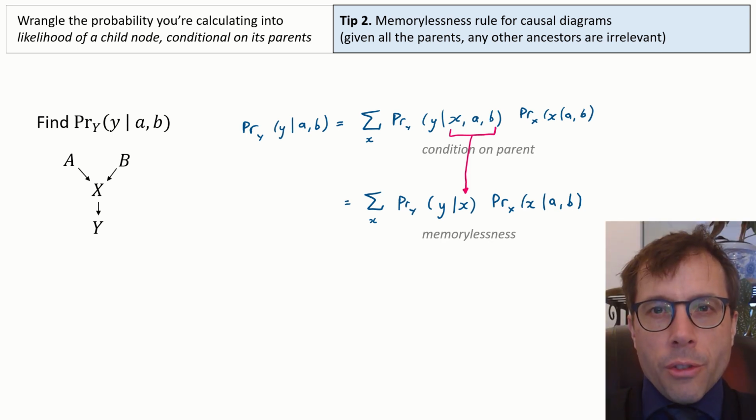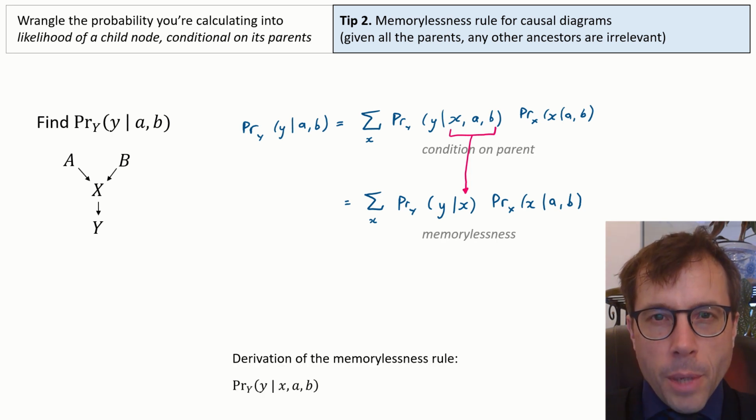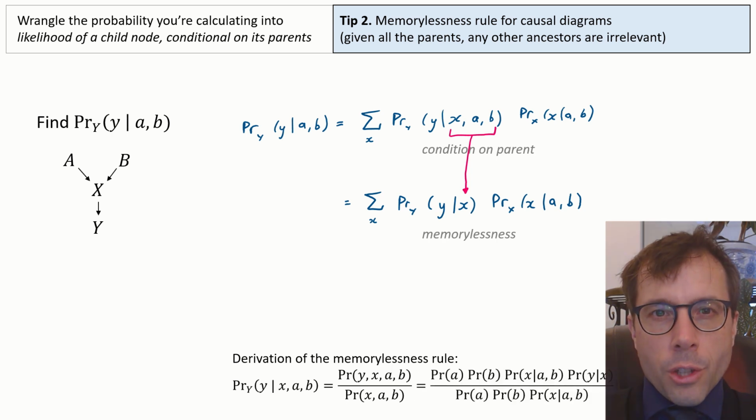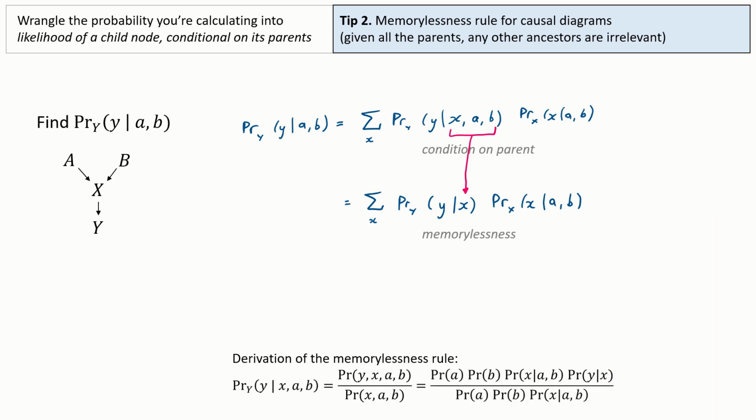You should be able to just look at a causal diagram and read off the places where you can apply memorylessness. But I don't want it to seem like magic, so here's a very quick derivation. What's the likelihood of y conditional on x and A and B? Let's just expand the conditional probability. This is the likelihood of all four of them divided by the likelihood of the condition. Next, simply write out the joint likelihood. This is where the structure of the causal diagram comes in.